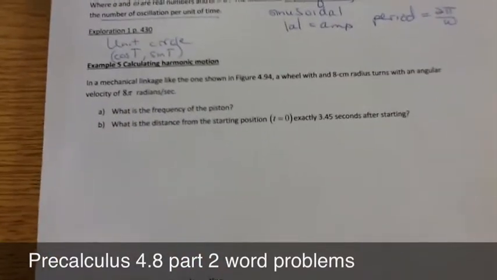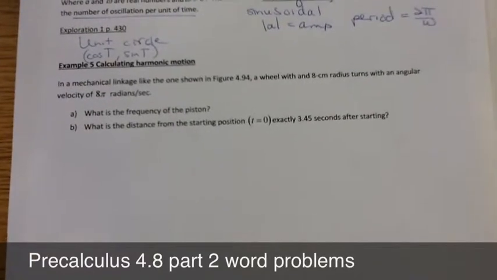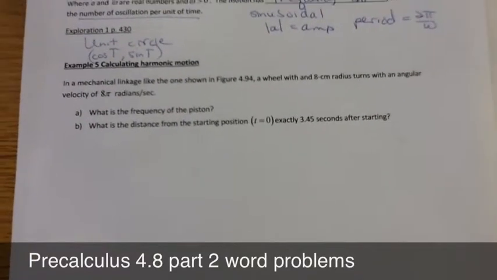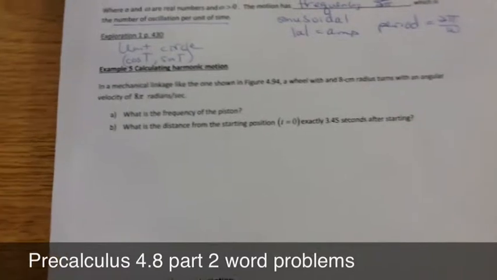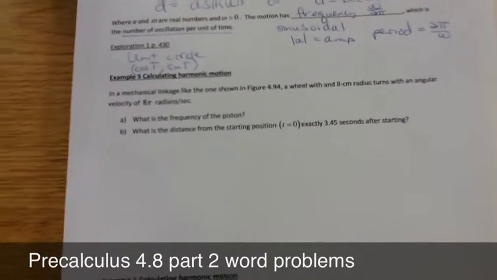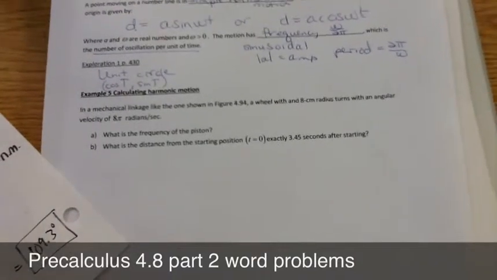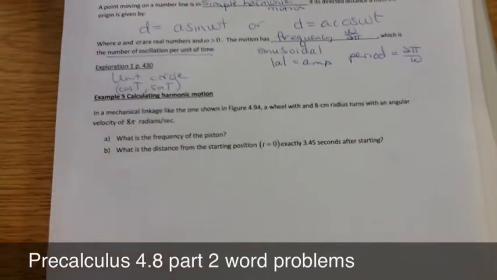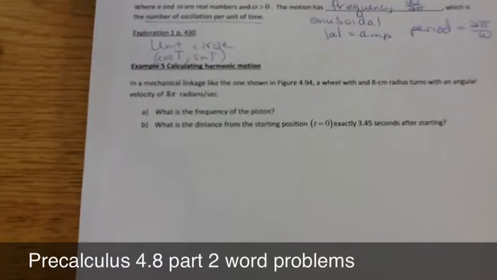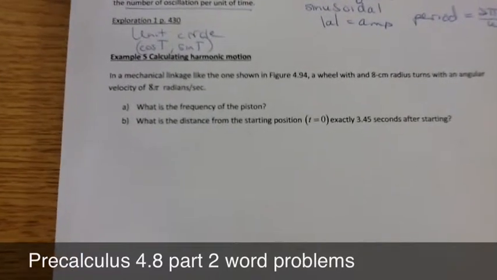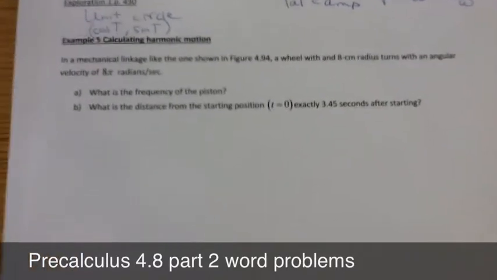In a mechanical linkage, like the one shown in figure 4.94, a wheel with an 8 centimeter radius turns with an angular velocity of 8 pi radians. What is the frequency of the piston?